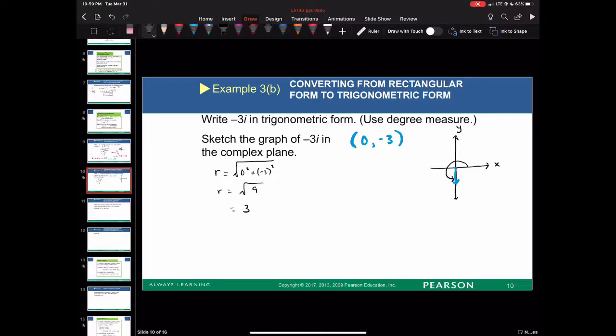But we do know the value of theta. Because if you remember, this is 0, this is 90, this is 180 degrees, and this is 270. And then this is 360. So if we were to write it, it'd be what?